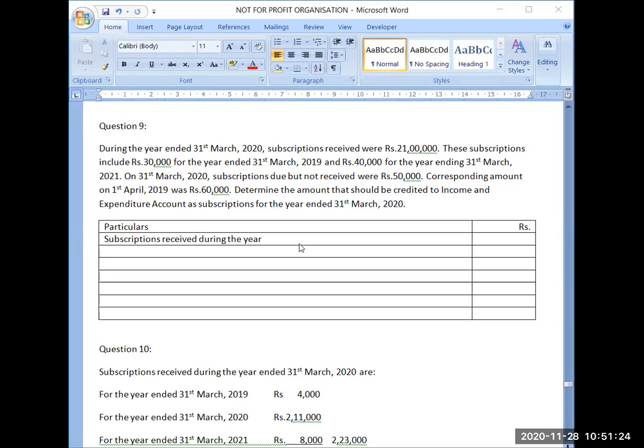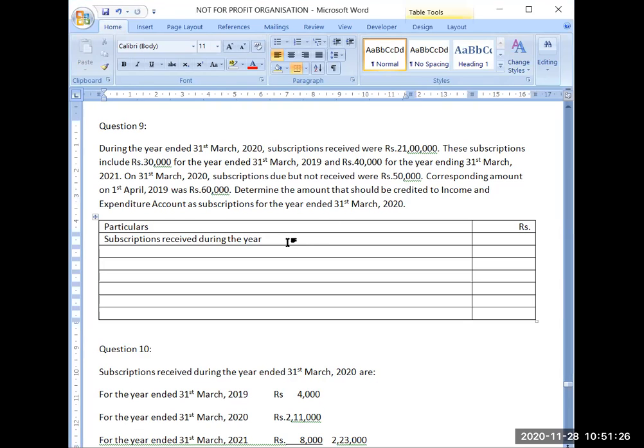So first we will see which one is the current year, which one is the previous year, and which one is the next year. Because these terms are not used in this question, years are mentioned. So we have to decide what is our current year. Current year is the one for which 31st March 2020 information is given, and it is also asking for the income and expenditure of 31st March 2020.